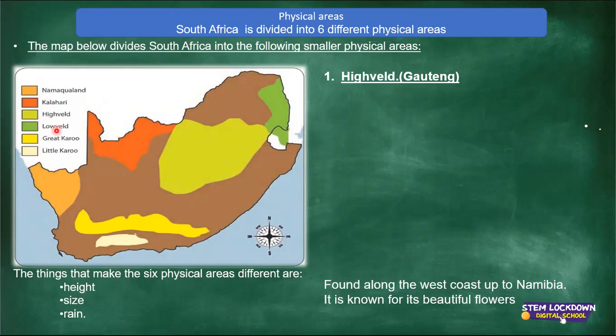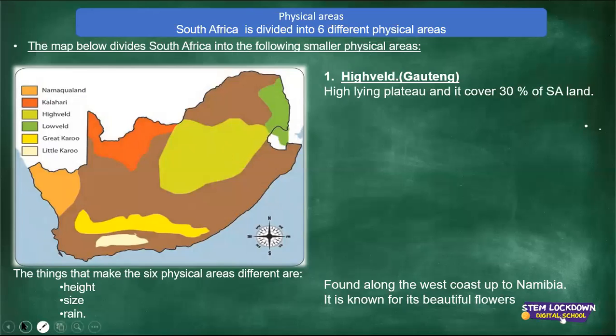We see that this place covers part of Gauteng, which means the High Veld is in Gauteng. Are we clear? The High Veld plateau covers 30% of the entire South African land.